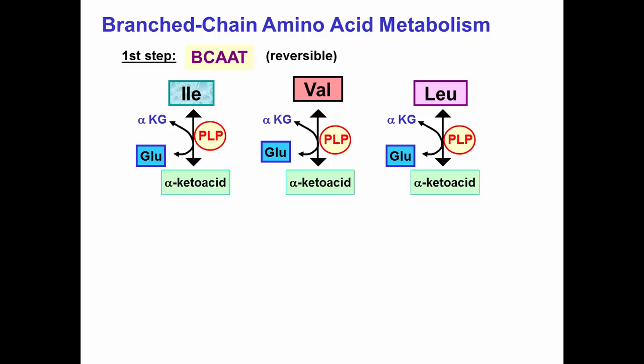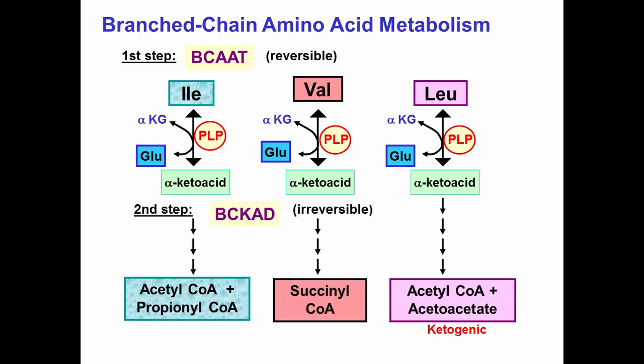You'll see it written in various ways, but that's what this is, BCAAT. This is a reversible reaction, so I've tried to show it like that. It can go in both ways, and guess what? It involves glutamate, right? So the intracellular hub shows up for these, just like any other transamination reaction. And so that's the first step, and that happens in the muscle.